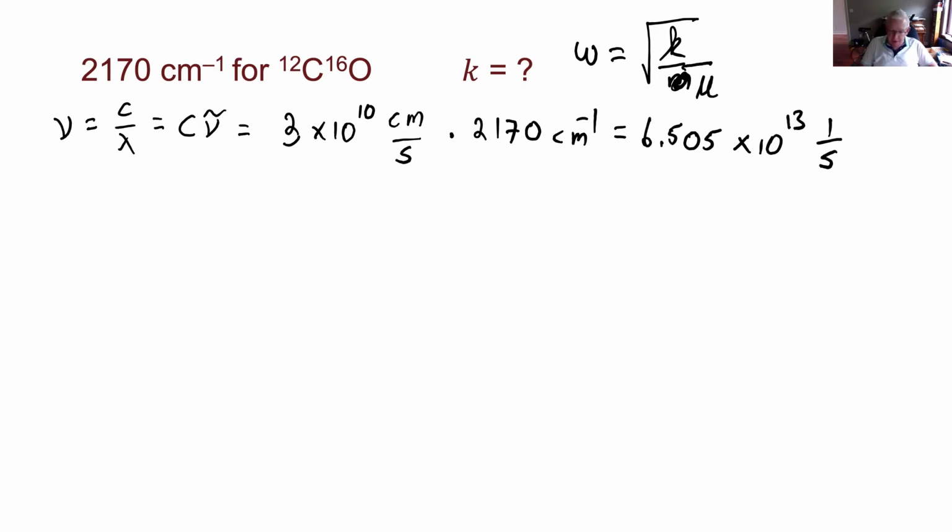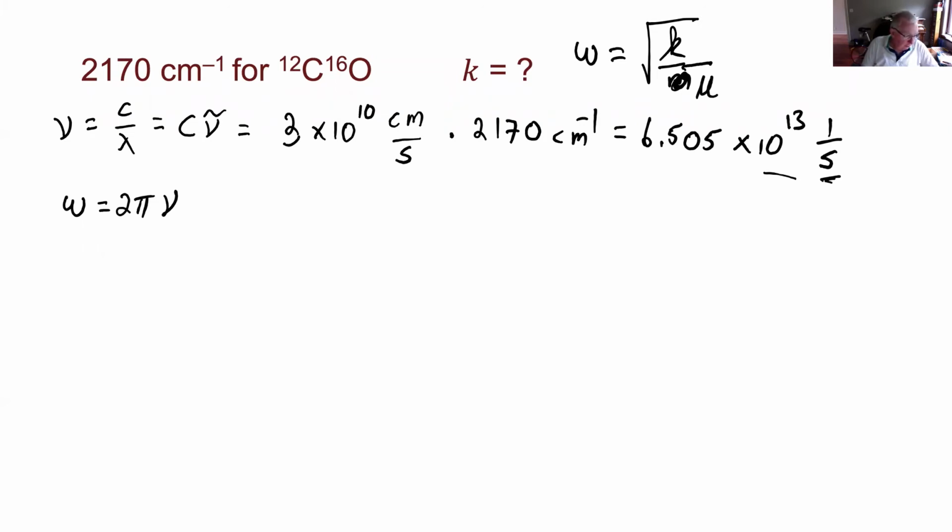Right now I've got the ordinary frequency, but I want the angular frequency. So first I'm going to convert that. Omega, the frequency in radians, is equal to 2 pi times nu. This nu is the frequency of the light that's being absorbed.